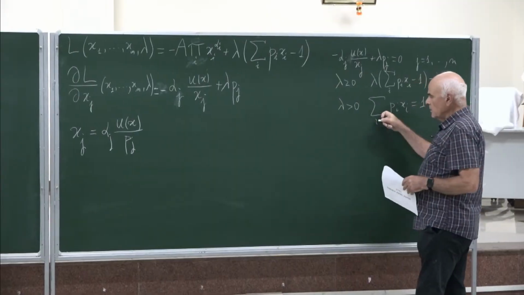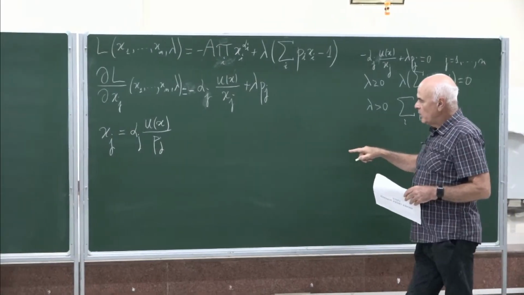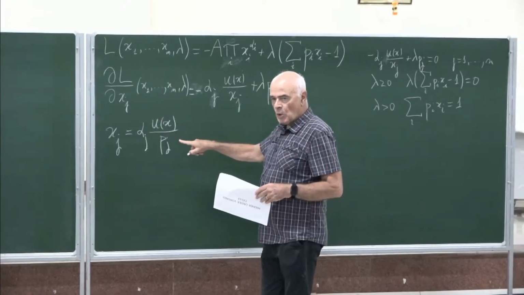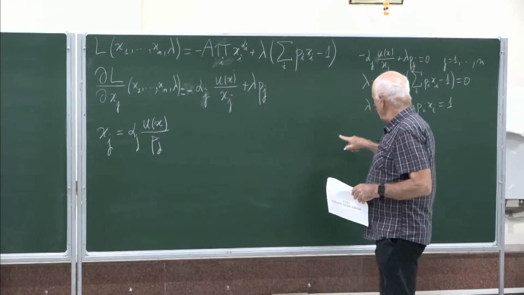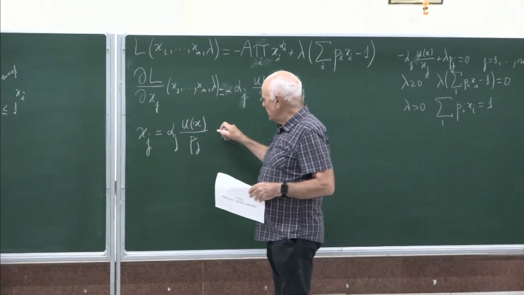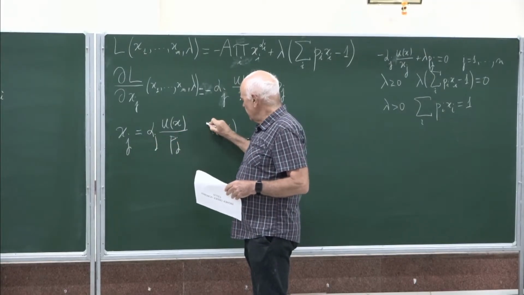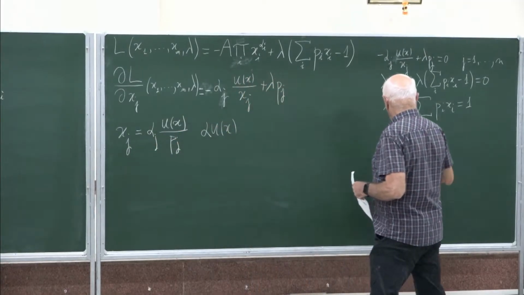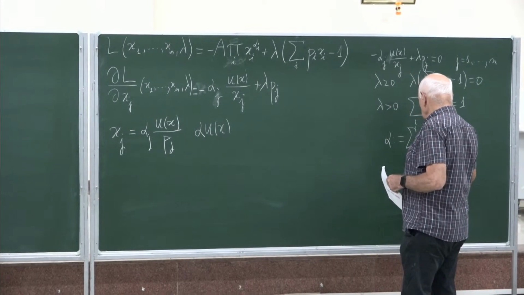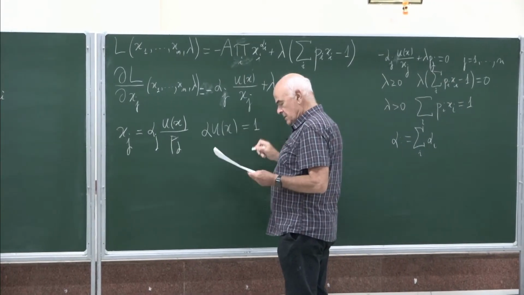Now we are going to use this condition. If we move pj to the left-hand side and add over j, we get this sum. And on the right-hand side, we get u of x times the sum of the alpha j's, which I call alpha as usual. So the conclusion is alpha u of x.